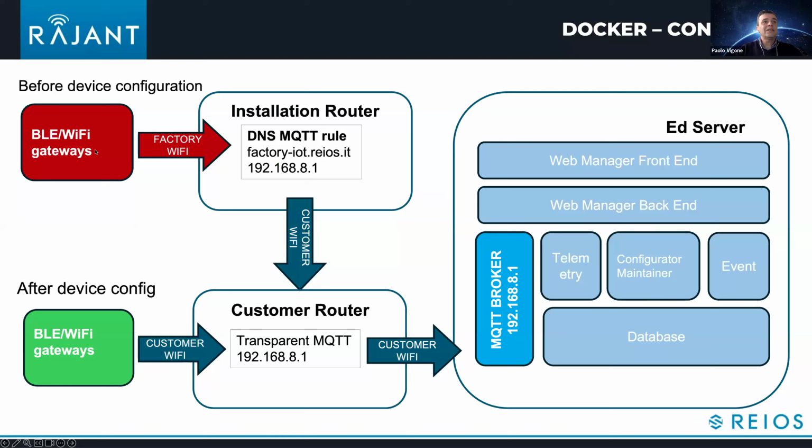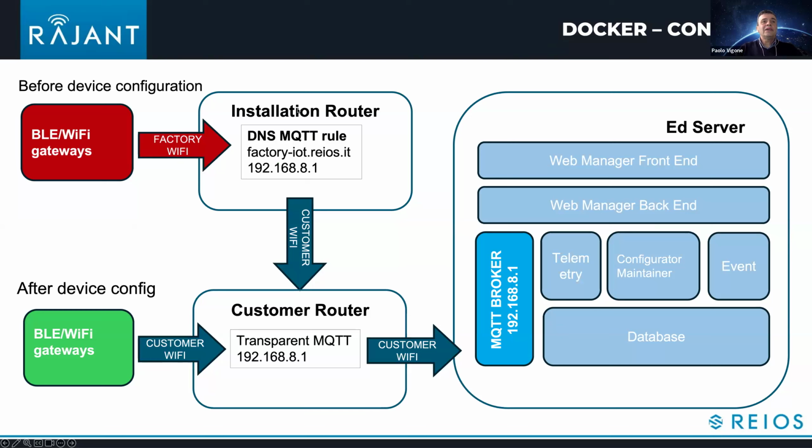In this slide, I would like to show you the behavior of the device. Before the device configuration, the gateway is red, looking for a factory Wi-Fi, Reios Wi-Fi device.